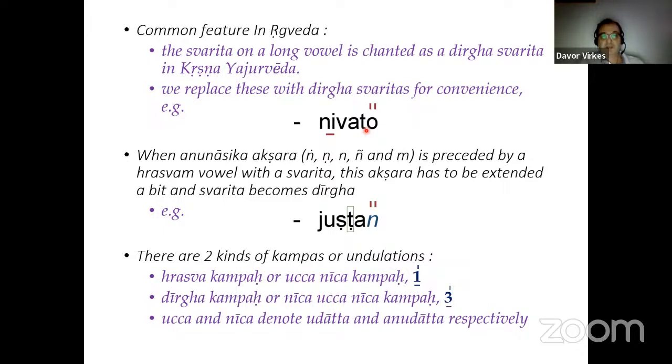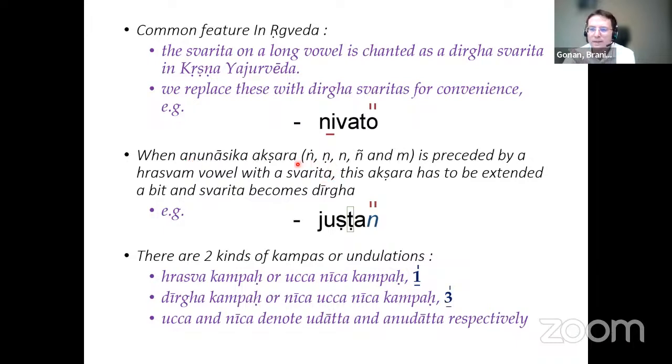So those texts are not wrong; they are completely correct. They only assume that there is a rule that regulates the use of Dirgha Svaritas. Only that. Yeah.